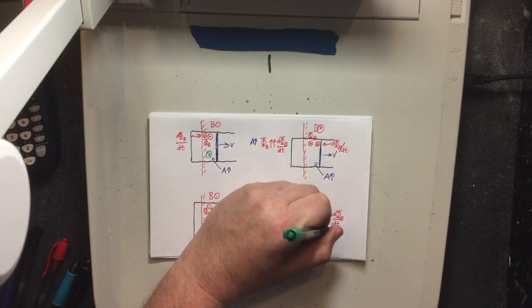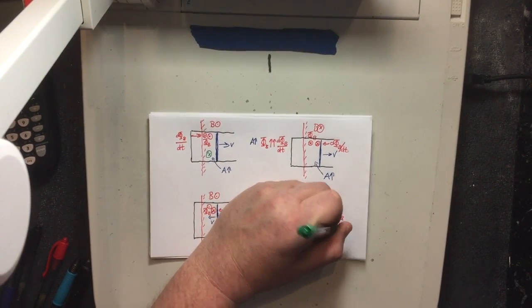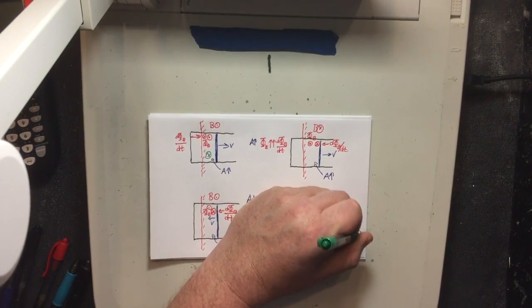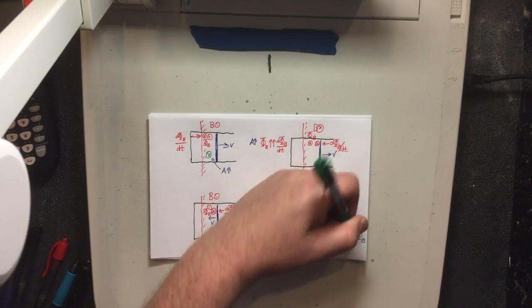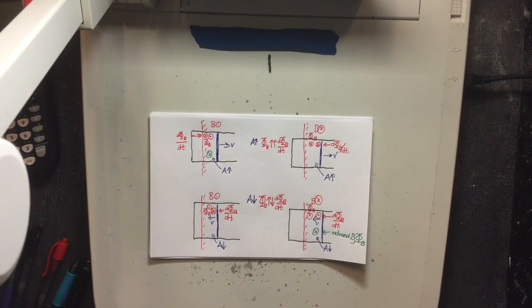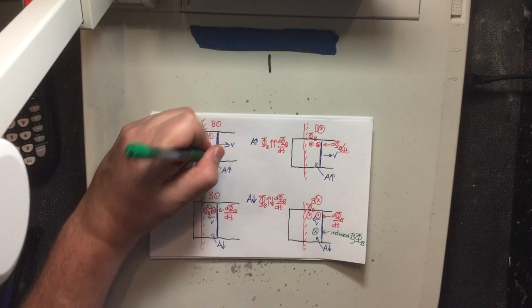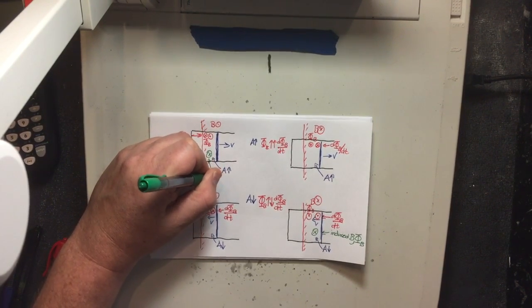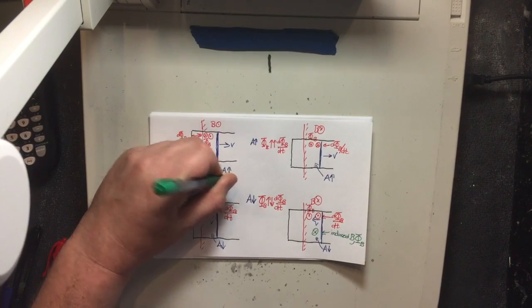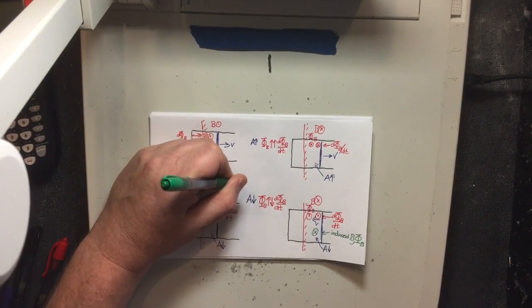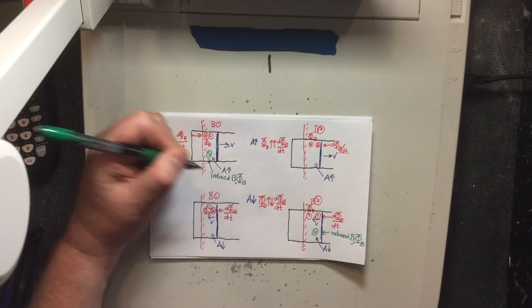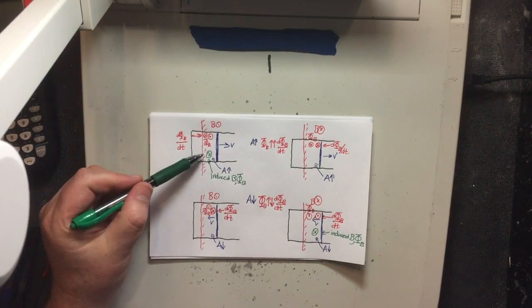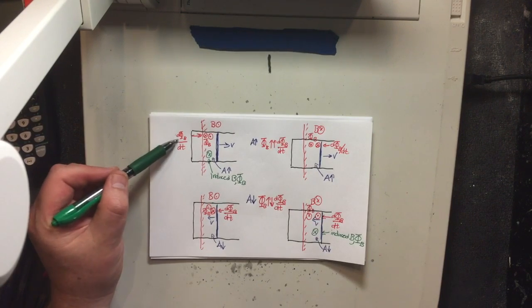So the induced B field and flux has to be going in. The induced B field and flux is always opposite of this guy.